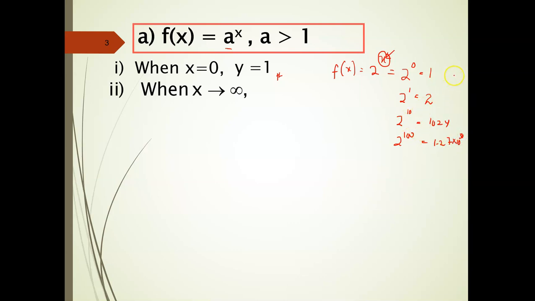So it's getting bigger, increasing, so y is approaching infinity.